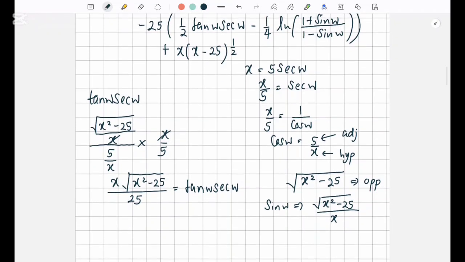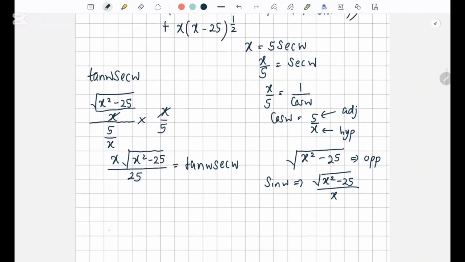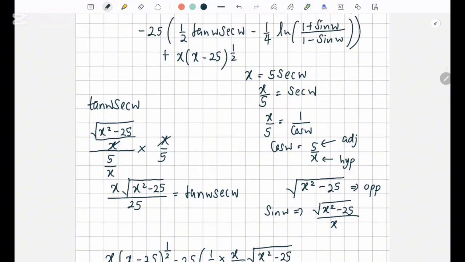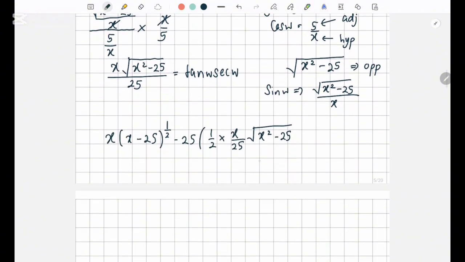Let's write the final answer. So it's x into x squared minus 25 to the power half, minus 25 into half into x over 25 into root x squared minus 25, minus 1 over 4 ln.